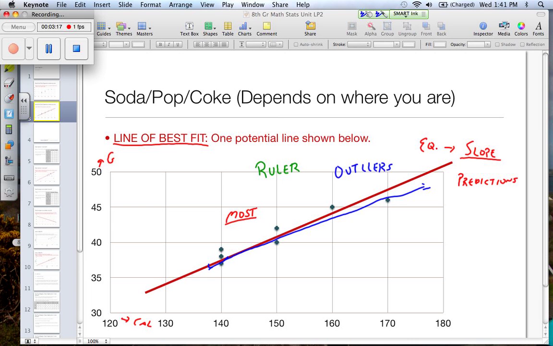After you've drawn your line of best fit, you need to go back, look at it, and use your own brain to judge your line. We're not going to learn a mathematical way to judge it. You will get to that point in high school.